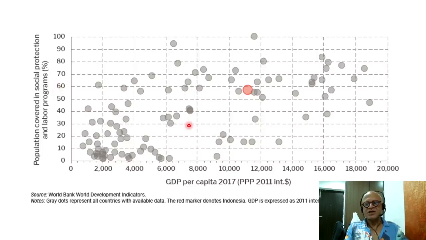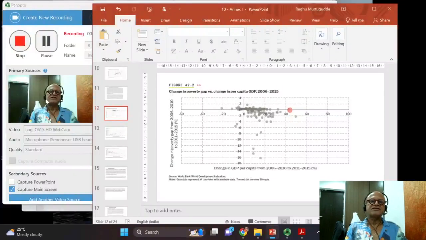So policies, especially with increasing risks from climate change and tax revenues being vulnerable in some sectors to climate change, GDP of the country itself will be vulnerable, and GDP per capita will be vulnerable as well. So social protection and labor programs become very critical in that sense.